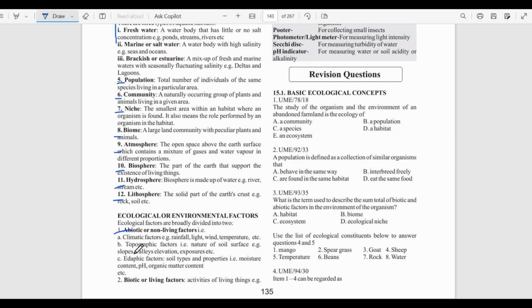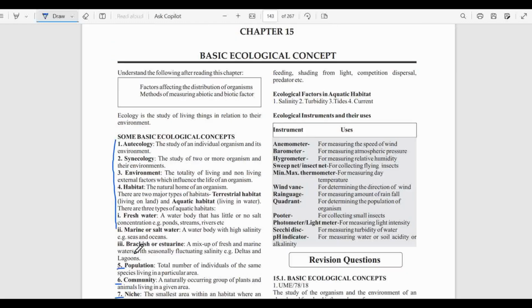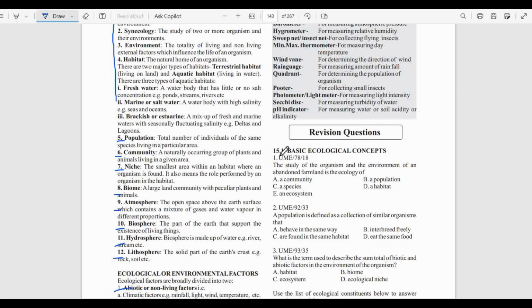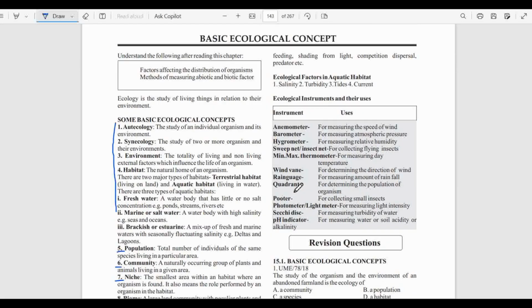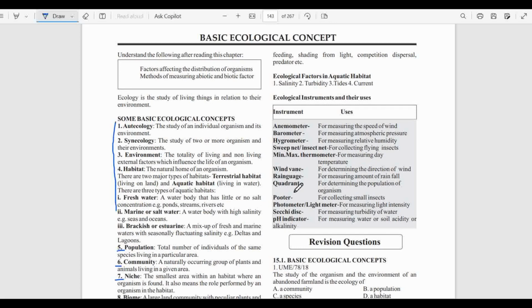The living factors or the living component or biotic factors, that includes activities of living things. For example, feeding, shading from light, competition among organisms, dispersal of fruit, predators, where one organism feeds on the other. All of that constitutes what the living component contributes to the ecosystem entirely.